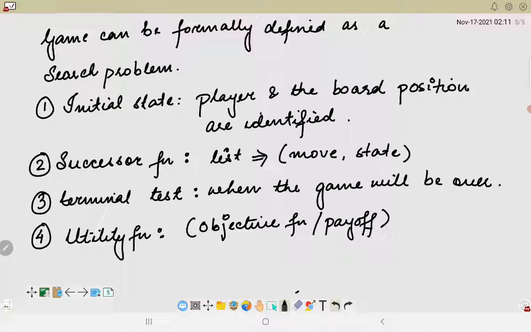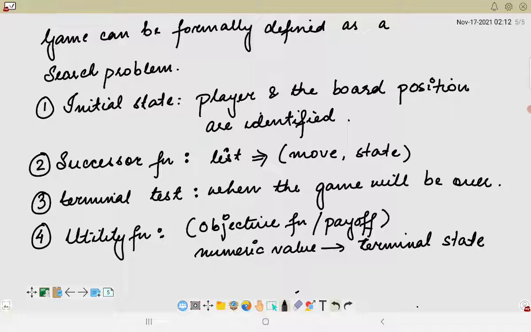So whenever a game is ended, that particular state we call a terminal state. And if we are associating a numeric value with the terminal state, we will consider that we have associated a utility value.